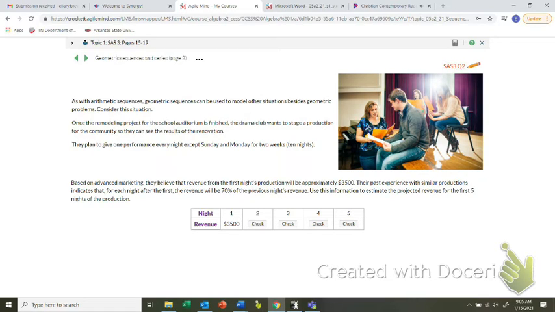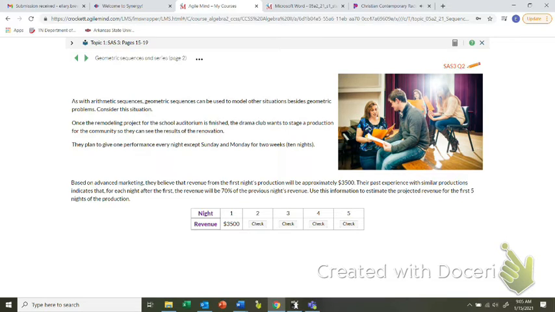Consider this situation. Once the remodeling project for the school auditorium is finished, the drama club wants to stage a production for the community so they can see the results of the renovation. They plan to give one performance every night except Sunday and Monday for 2 weeks.